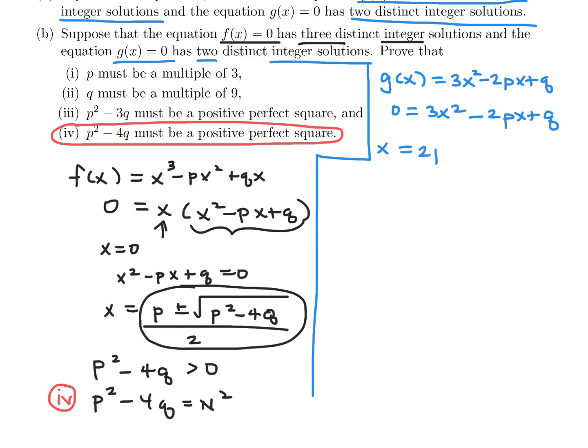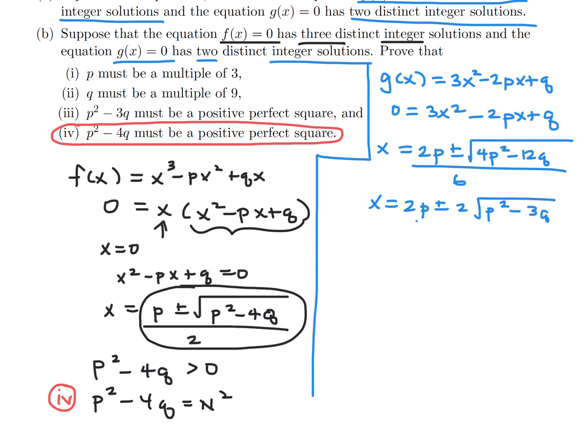So if I do that, it'll be 2p plus or minus the square root of 4p squared minus 12q, all over 6. And then I think I can factor out a 2. So that will make me p squared minus 3q under the radical, all over 6.